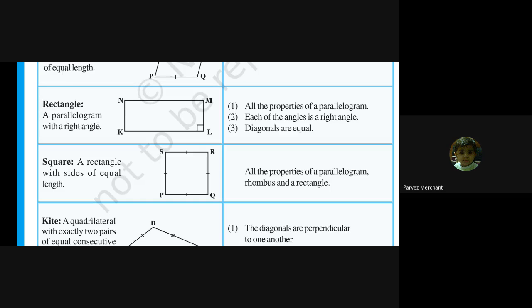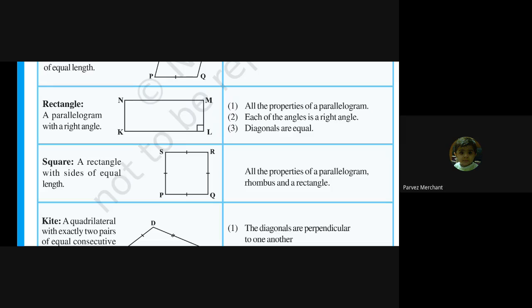Diagonals bisect each other perpendicularly, and the lengths of the diagonals are also equal. It means a square fulfills all the properties: properties of parallelogram, rhombus, rectangle, kite, and trapezium. So a square is a parallelogram, a trapezium, a kite, a rectangle, and a rhombus.